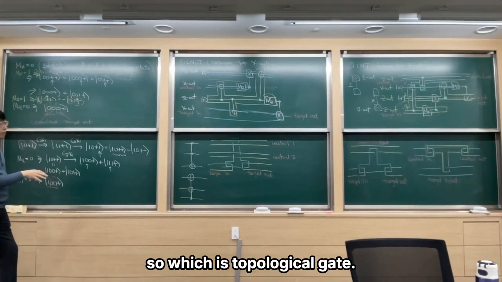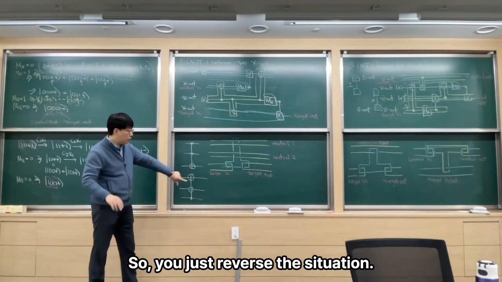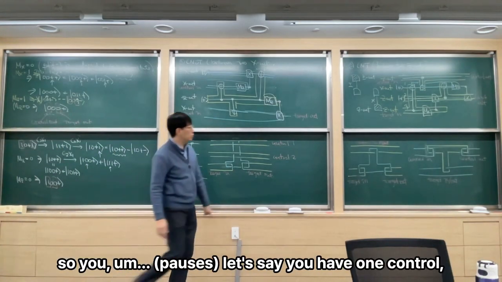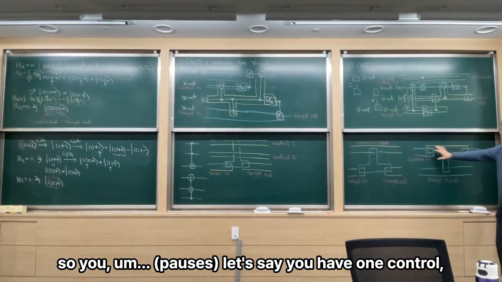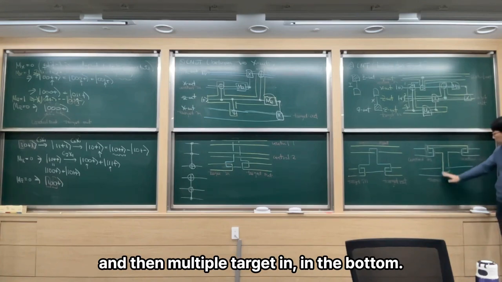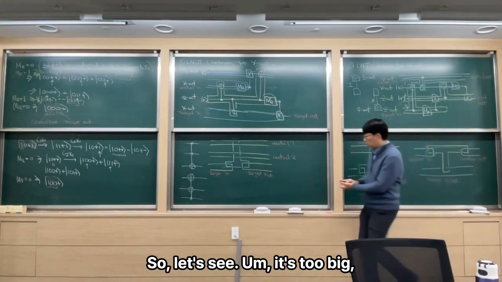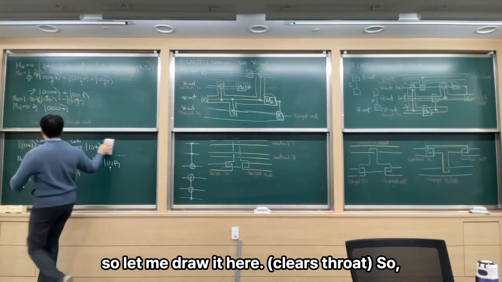Then you can make a double control CNOT gate, which is a topological gate. But how can you make the opposite situation? You just reverse it. You have one control, so you put the control in and control out, and then multiple targets in the bottom. It's too big, so let me draw it here.